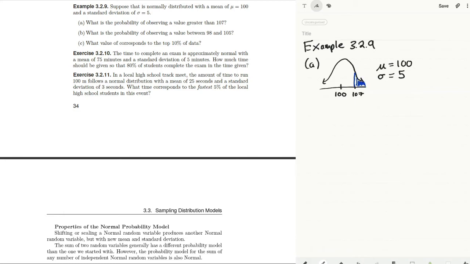So instead of working with this normal distribution, we can standardize the data by using a z-score transformation so that we can work with the standard normal distribution instead. So recall that a z-score is the observation y minus mu divided by sigma.